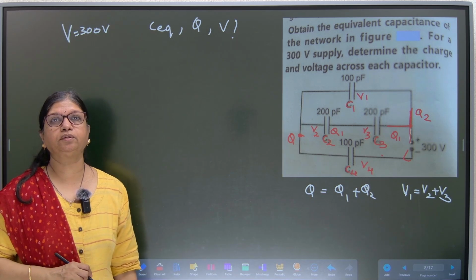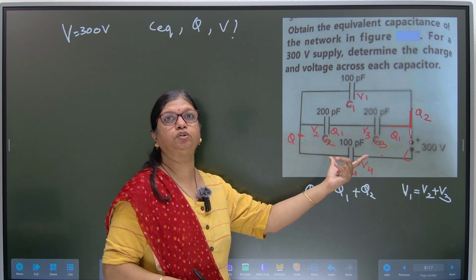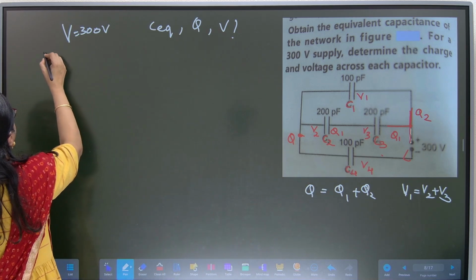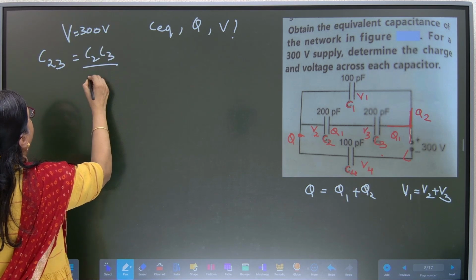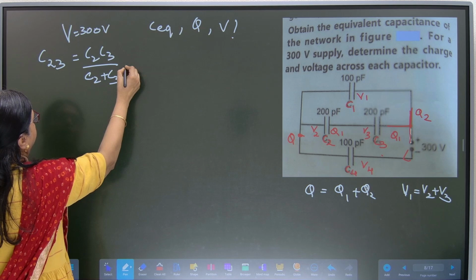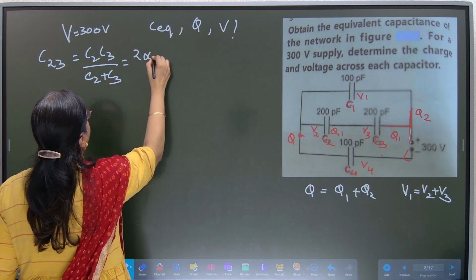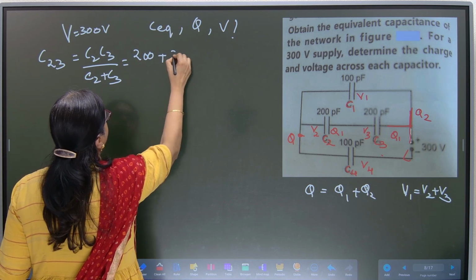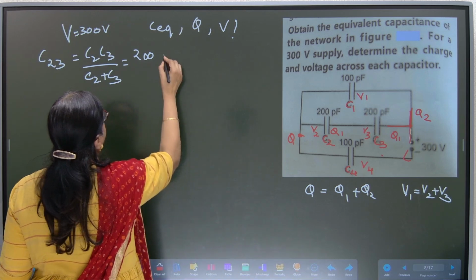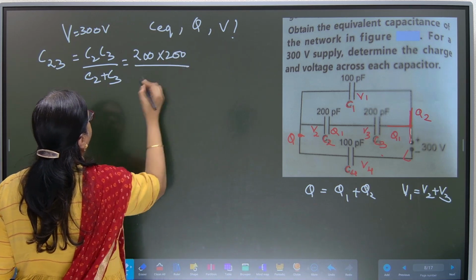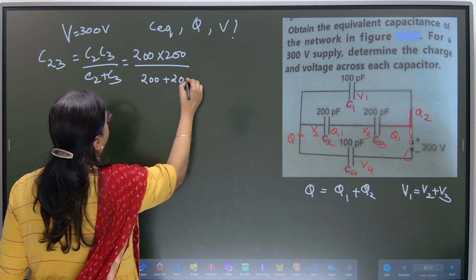So to find out C equivalent, let us first find out the series combination of C2 and C3. So let us name it as C23, which is equal to C2 C3 upon C2 plus C3. Okay, what is C2? 200 plus 200, multiply by 200 divided by 200 plus 200.